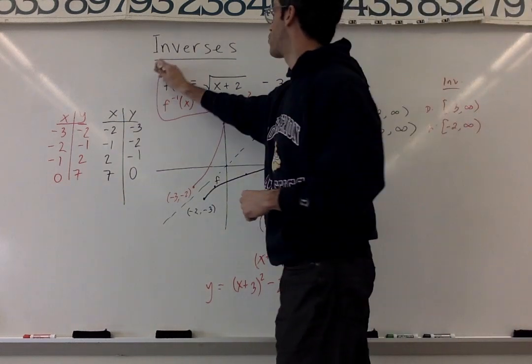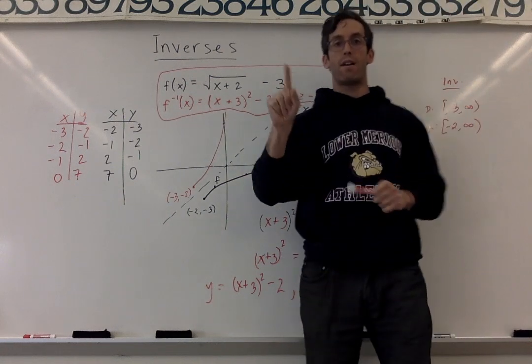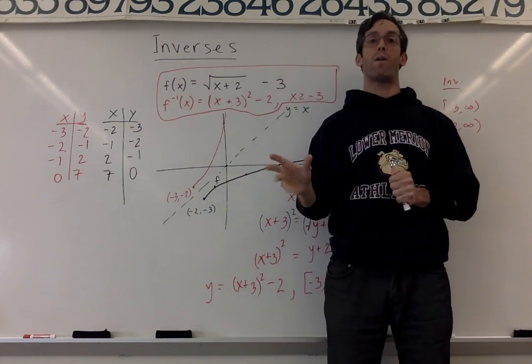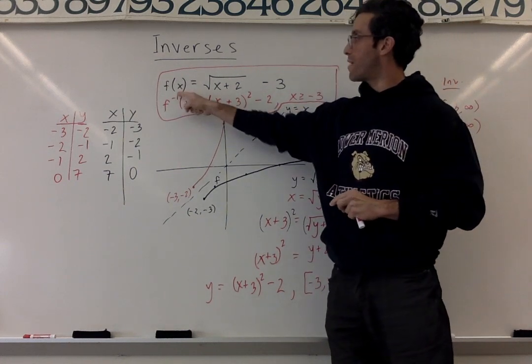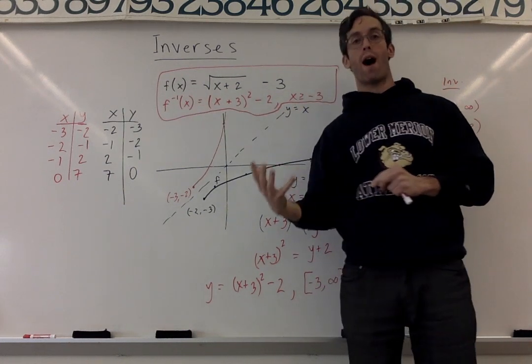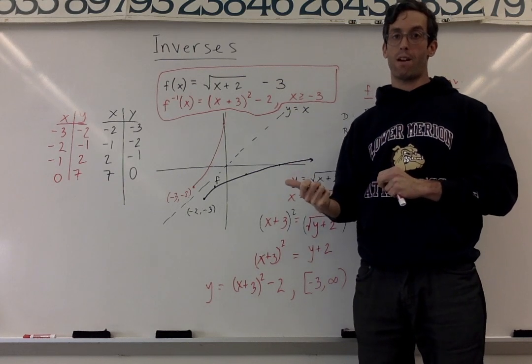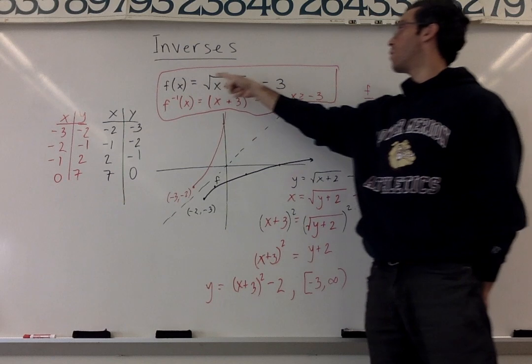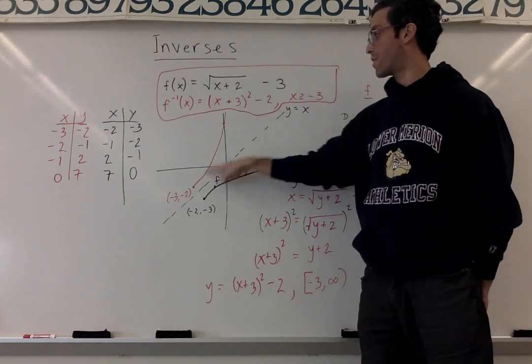We can only use this notation, f⁻¹, which is not a negative 1 power, that's just the symbol for inverse. We can only use f inverse of x instead of y when the original function is one-to-one. The original function we know is one-to-one because the graph of its inverse is a function.